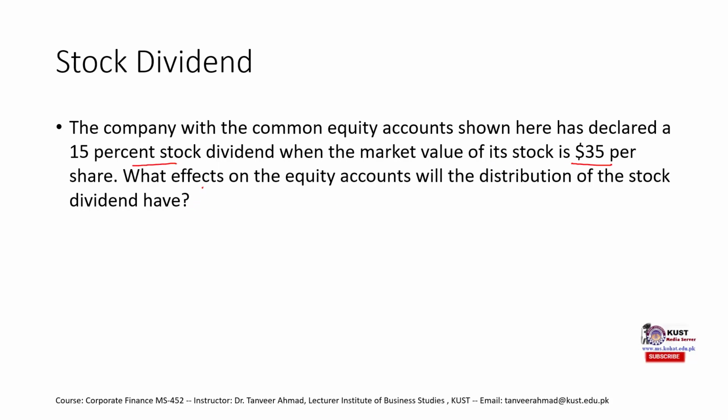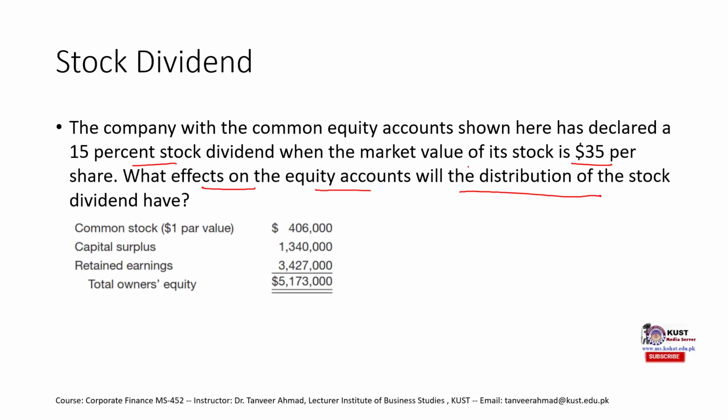What is the effect on the equity account due to the distribution of stock dividend? So this is somewhat similar to the question that we solved 2 slides back. We need to find new shares outstanding. So the new shares outstanding would be equal to previous shares, old shares, multiplied by the amount of stock dividend.